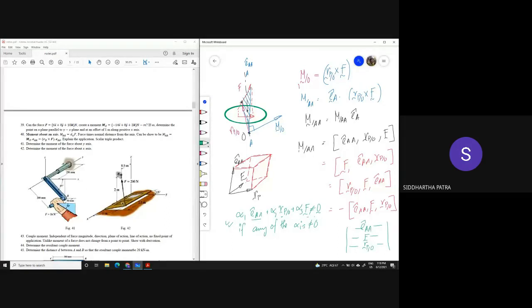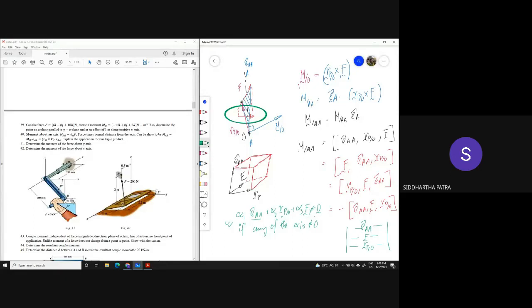Unless of course you break this support, which only allows the rotation about the y-axis, there is no way you can rotate this handle over here about any other axis than the y-axis.